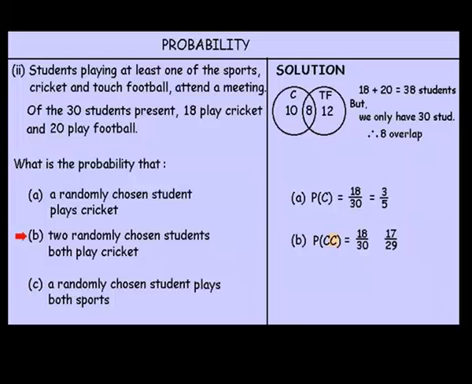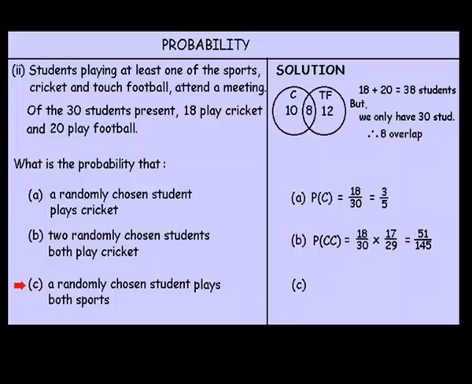Out of 29. So the chance that the second one's a cricketer is 17 over 29. And remember, when you require one event to be followed by another, we're going to multiply the individual probabilities. Very good. That works out to be 51 over 145.